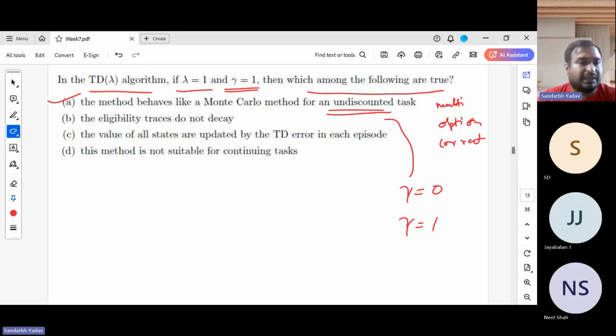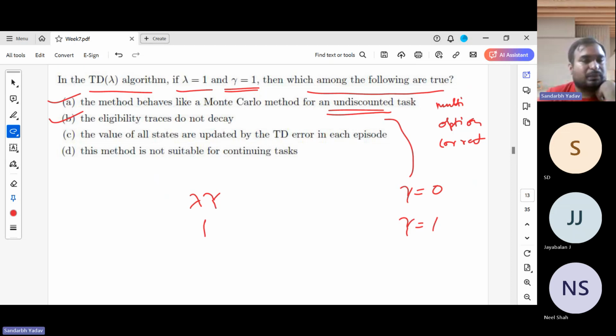Eligibility traces do not decay. Is this also true? How do the eligibility traces decay? We multiply by the factor lambda and gamma. But since the product of these two terms is 1, it won't decay. If either one of them were less than 1, then it would have decayed. But now the eligibility traces cannot decay.